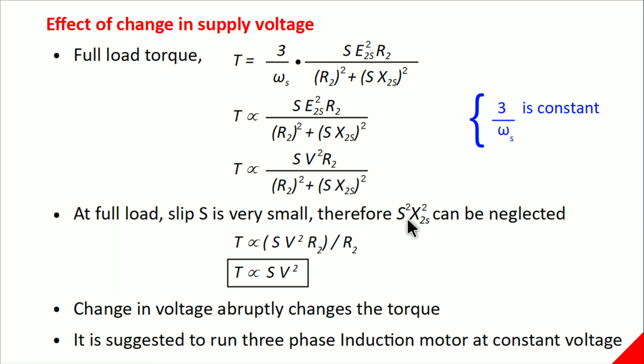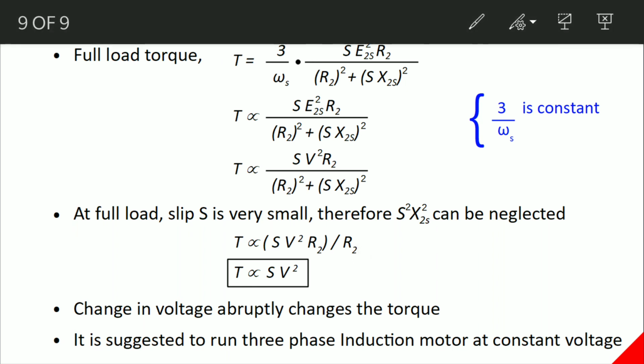This term S square X2S square is very small as compared to R2 and can be neglected. By neglecting this term, what we remain with is S V square R2 over R2 square.